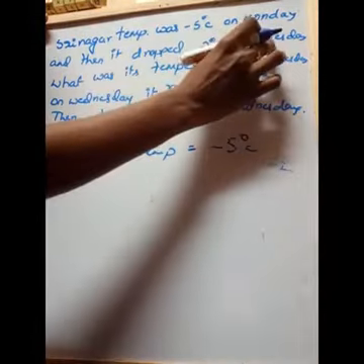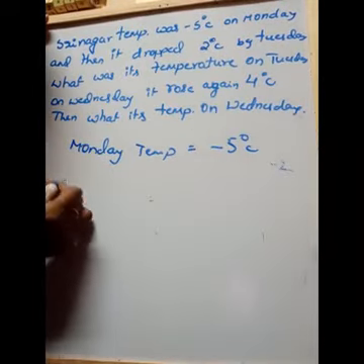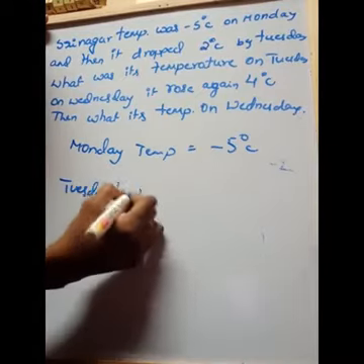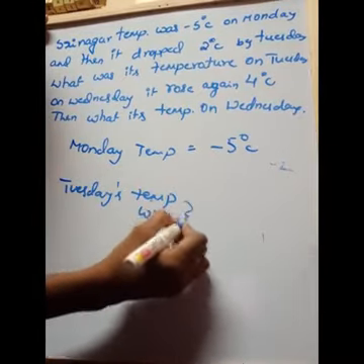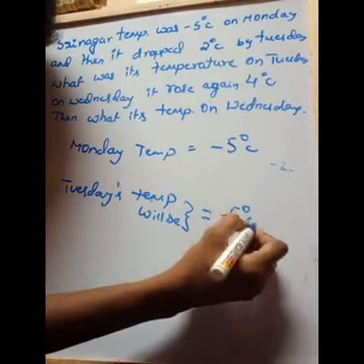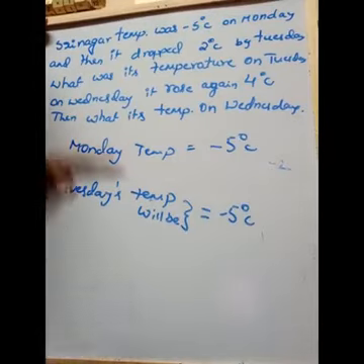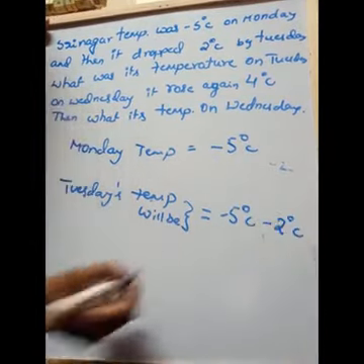By Tuesday it dropped by 2 degrees centigrade. So what will Tuesday's temperature be? Monday is minus 5 degrees centigrade, and on Tuesday it dropped again by 2 degrees. Dropped means minus 2 degrees centigrade.